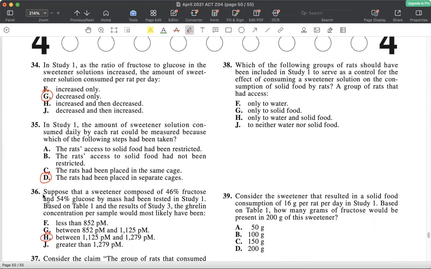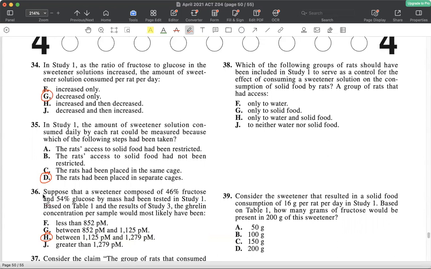Which of the following groups of rats should have been included in study 1 to serve as a control for the effect of consuming a sweetener solution on the consumption of solid foods by rats? A group of rats that had access... as a control for the effect of consuming a sweetener solution on the consumption of solid food. Yeah, so then they should have had access only to solid food, right? Because if they have access to both sweetener and solid food, then obviously the consumption of sweetener affects their consumption of solid food.